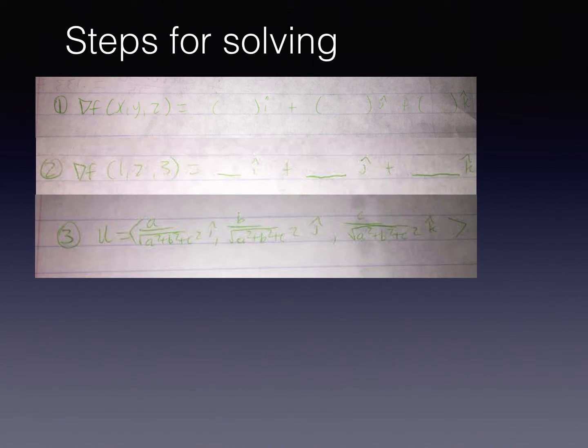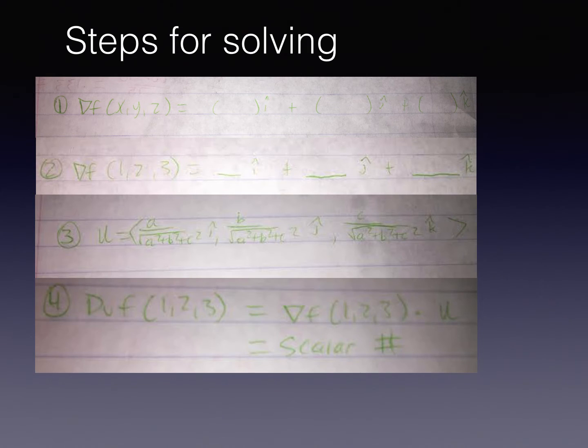For the third step, I will take the vector v and take the magnitude of that and divide each component by it. Then for the fourth step, I will take that unit vector v and multiply it by the gradient vector at, say, 1, 2, 3. And my final answer should be a scalar number.